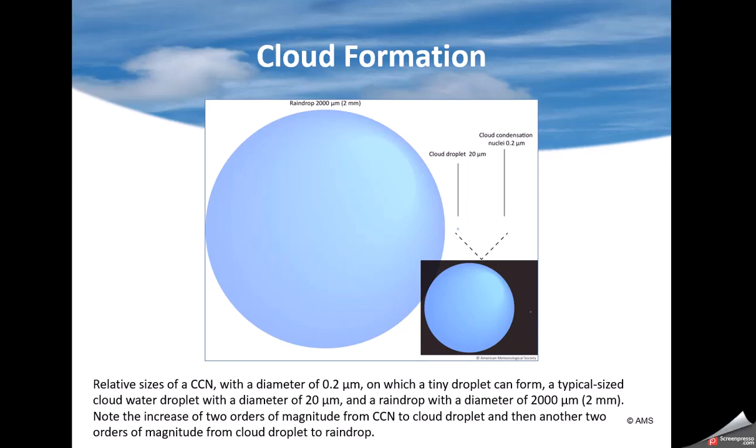Here is where that cloud condensation nuclei come in. They mix in and literally they dissolve in that little tiny bit of water that's there and allow it to hold on to its shape. They keep it from evaporating so that it can grow and gradually become a bigger raindrop.